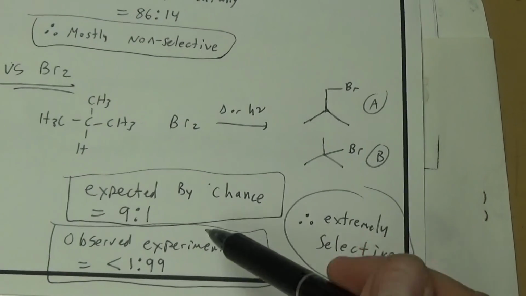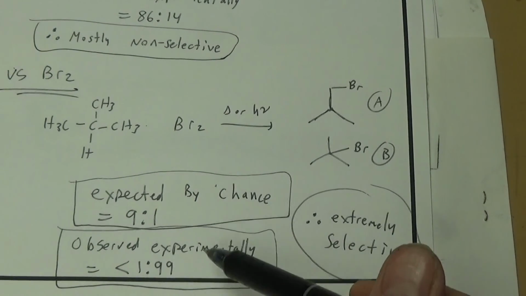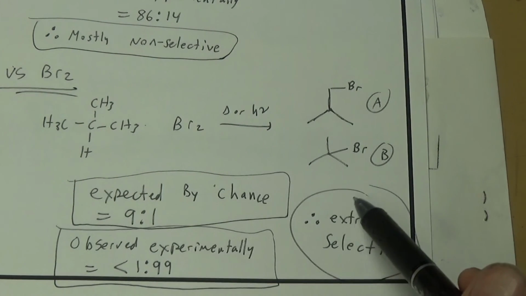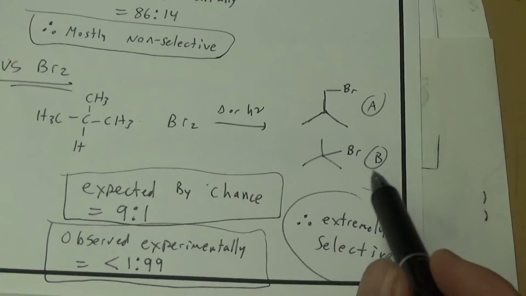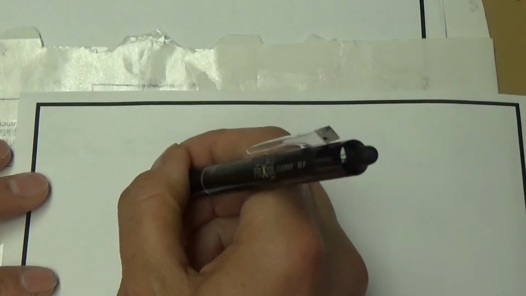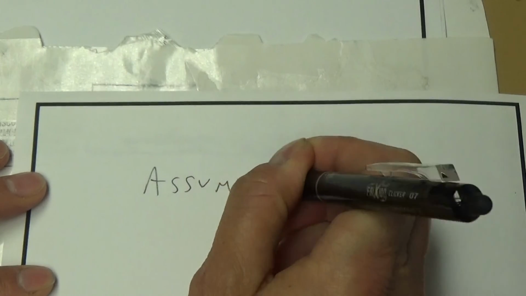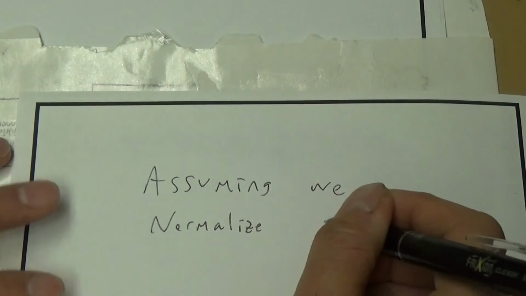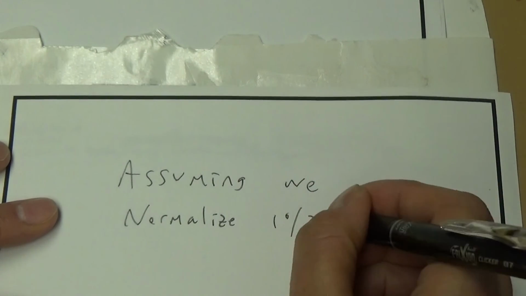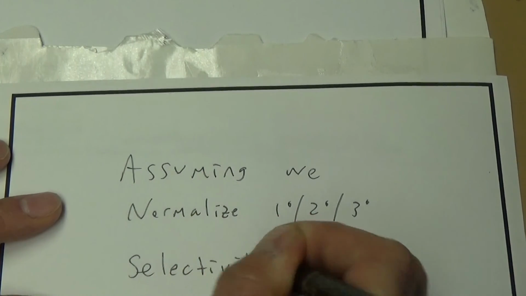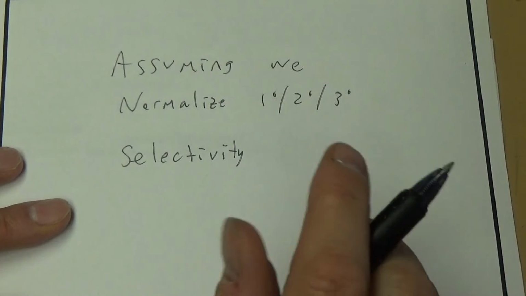Okay, we're basically done. Just like I showed you 1, 4, and 5 for chlorination, I'm just going to show what those numbers are for bromination and fluorination, and then we'll continue next time. Assuming we normalize primary versus secondary versus tertiary selectivity, these are the numbers.